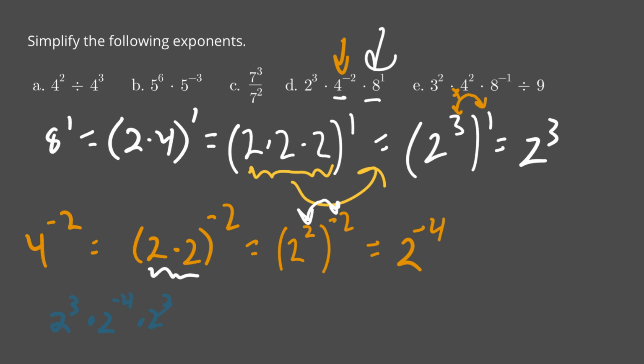Therefore, we add all 3 of the exponents together. 3 minus 4 plus 3 gives us a positive 2. So our final answer will be a base of 2, that's unchanged, and adding all the exponents together gives us a positive 2. And that's your final answer.